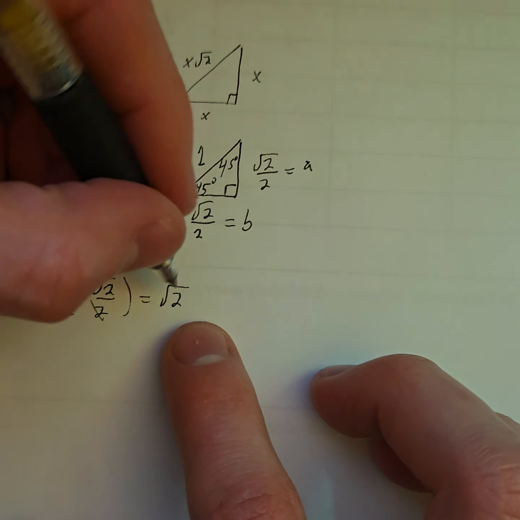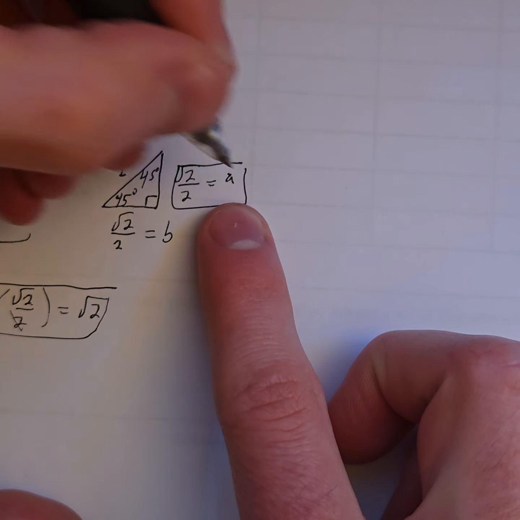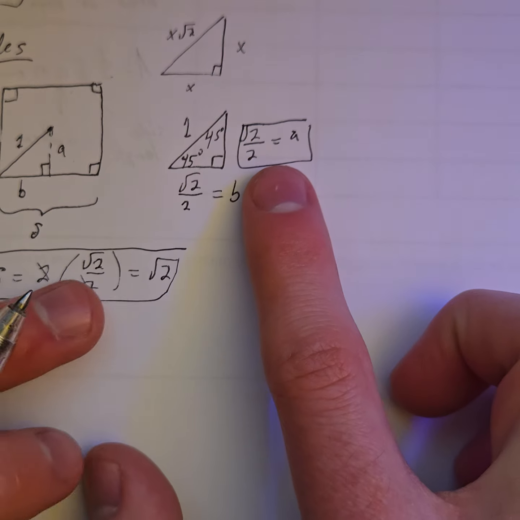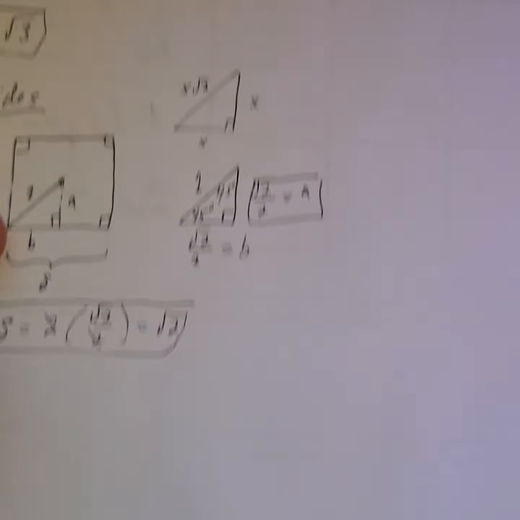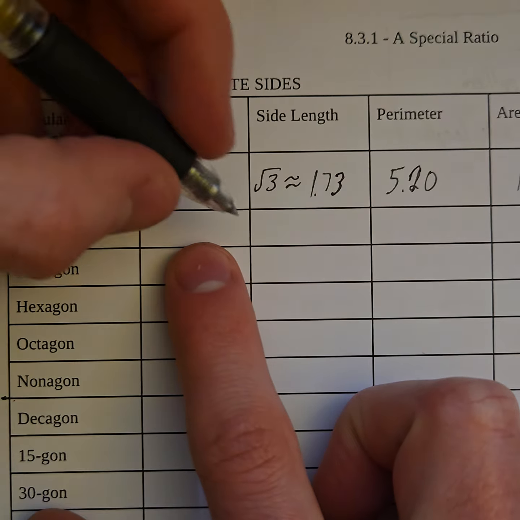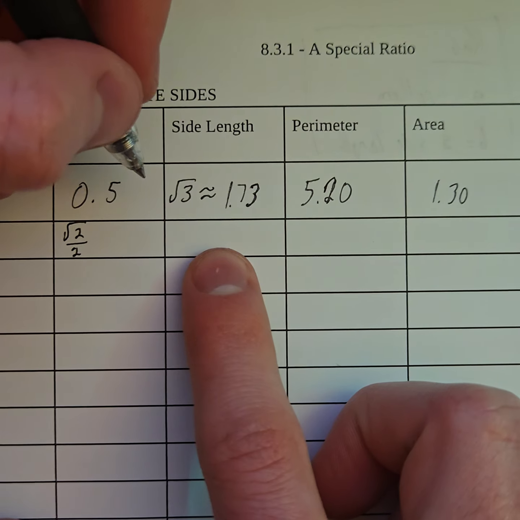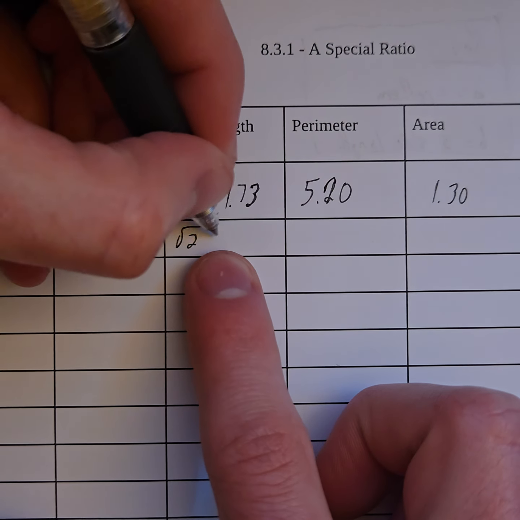So we got the 2 things we need: our side length and our apothem. Let's flip back over and write those 2 numbers down. Our apothem was the square root of 2 divided by 2, and our side length was the square root of 2.